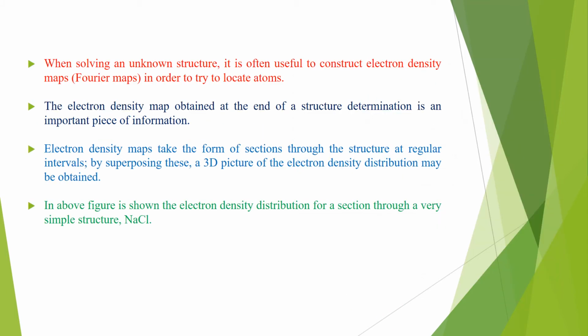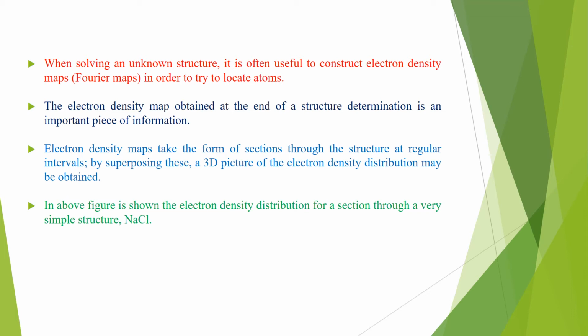Moving to the next slide, here we see that an electron density map shows a variation of electron density throughout the unit cell. When solving an unknown structure, it is often useful to construct electron density maps, Fourier maps, in order to try to locate atoms.